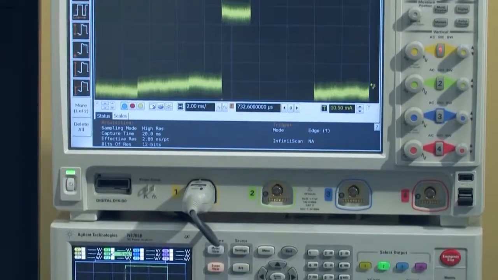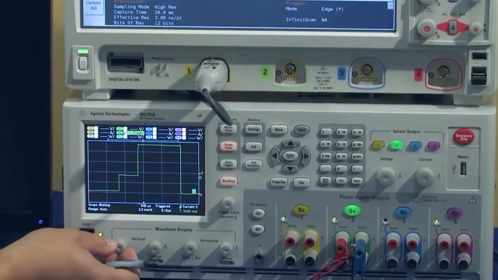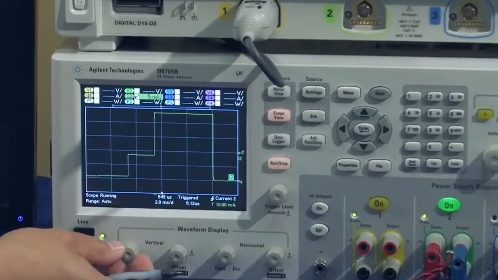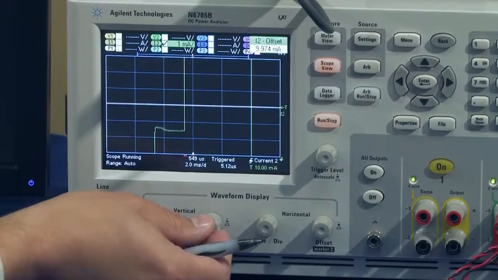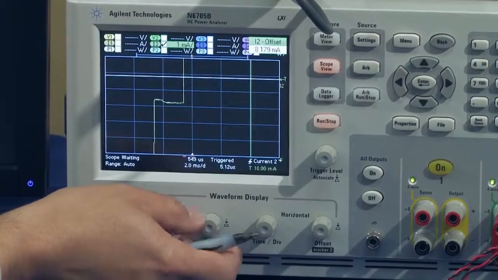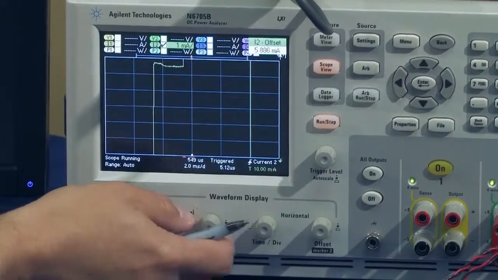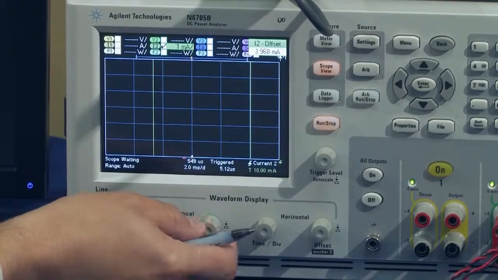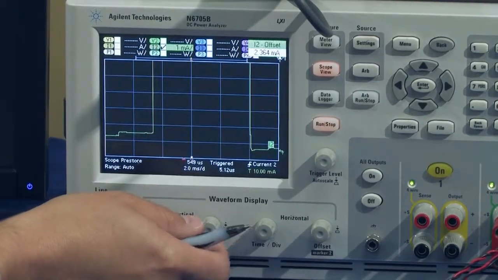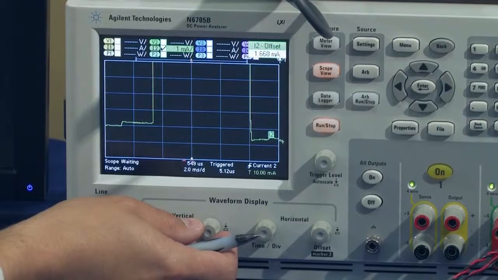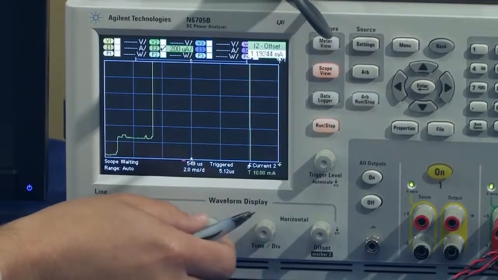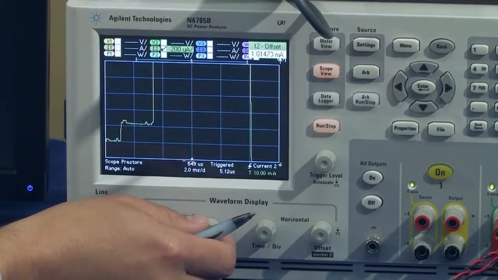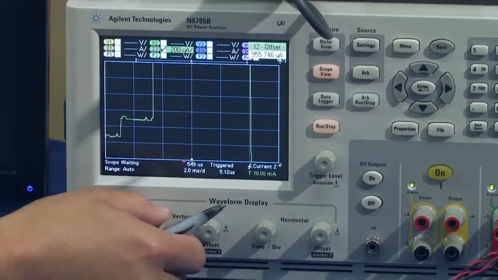So below, I'm going to change the amplitude of the DC power analyzer. I'm just basically turning the offset to analyze the low signal level that I want to demonstrate here that you cannot even see on the oscilloscope.